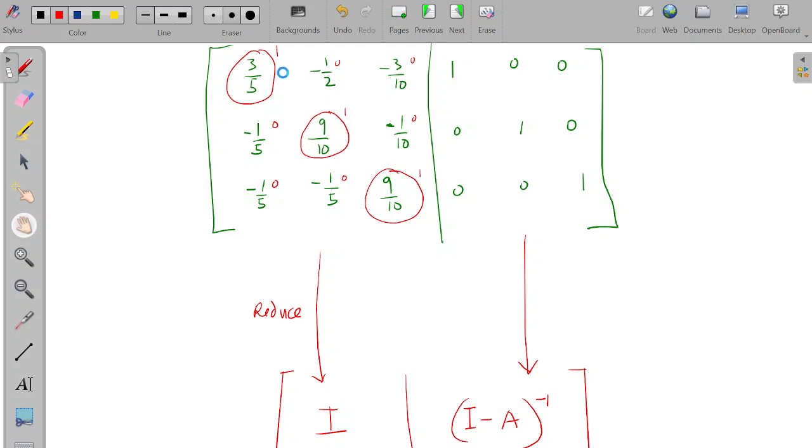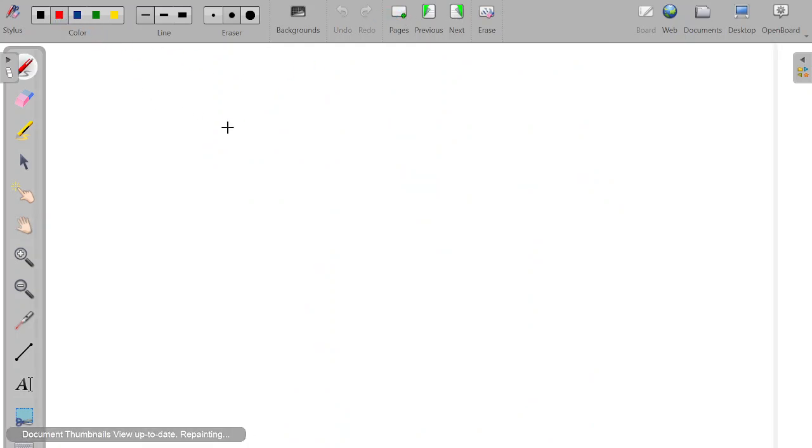So we get this identity matrix, so that we get this inverse matrix.